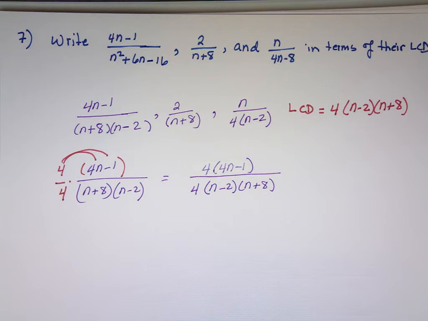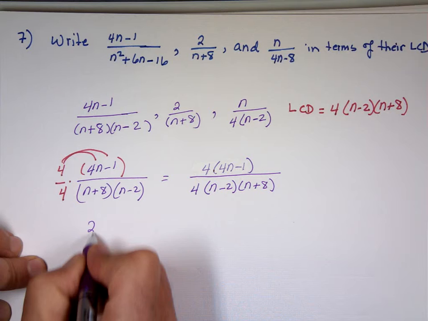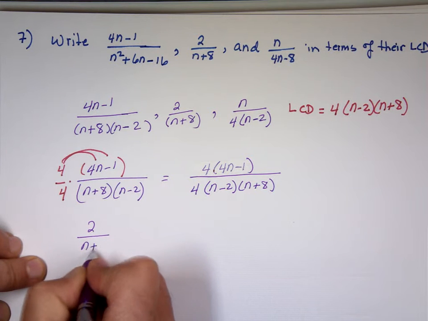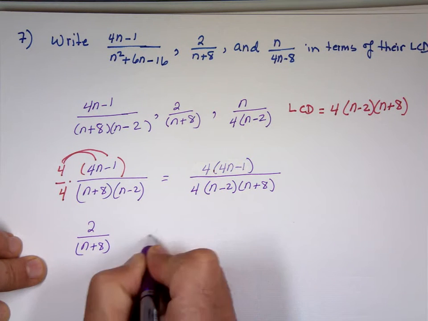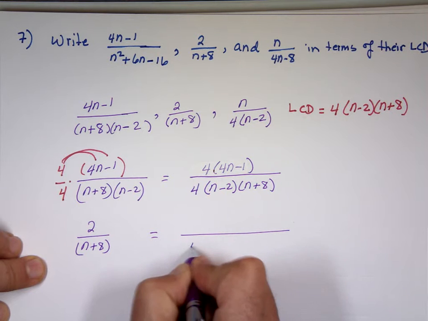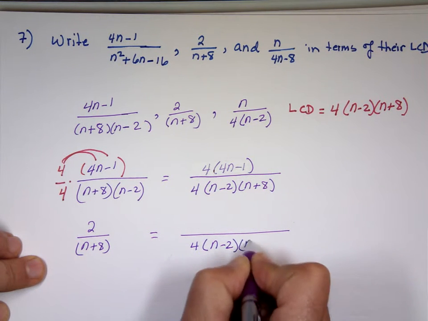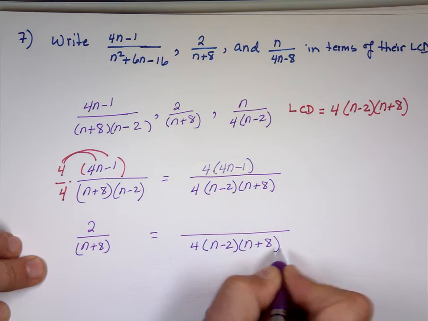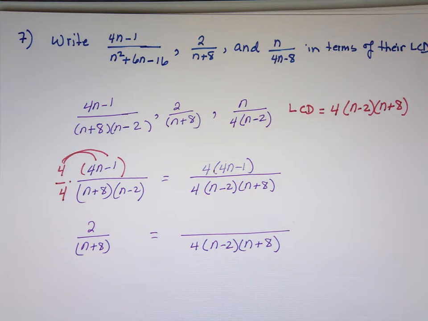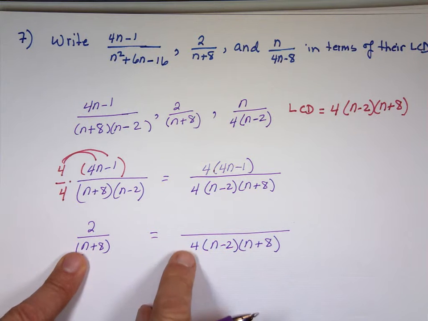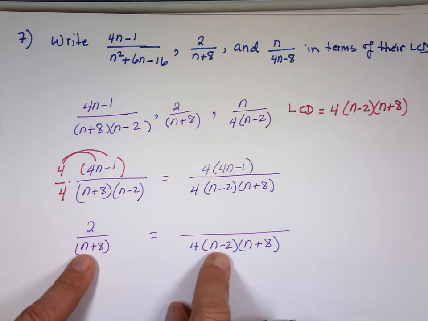The next one, it's 2 over n plus 8. And again, you want the bottom to be 4 times n minus 2 times what? N plus 8. So when you look at these two, you're missing the 4 and you're missing the n minus 2.